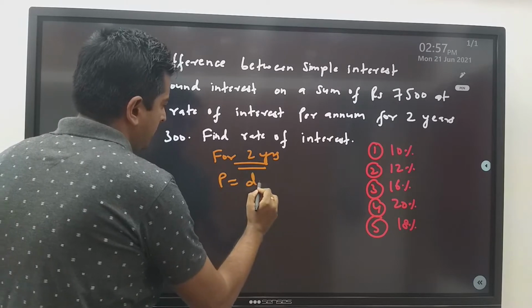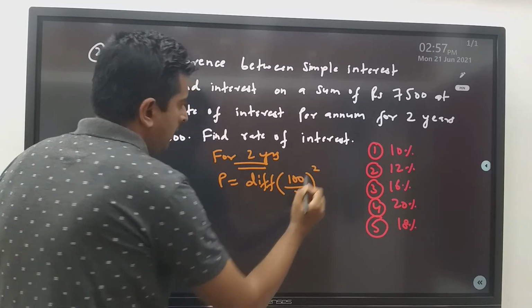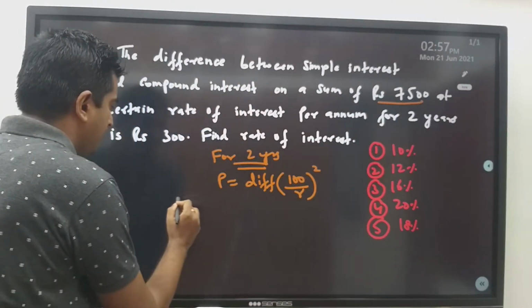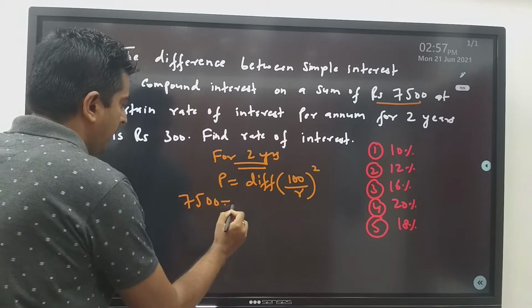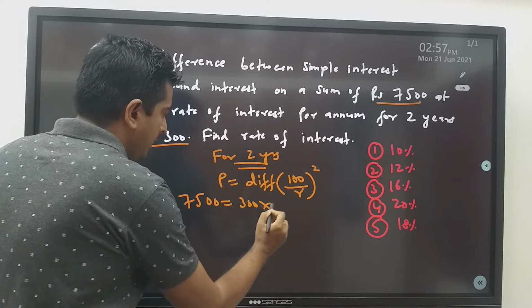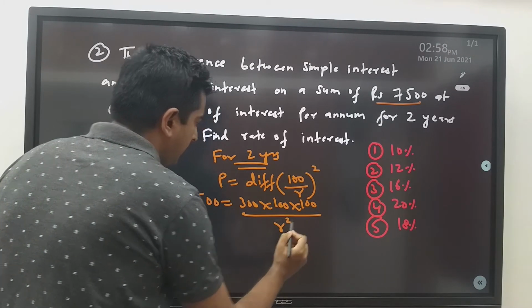Principal is equal to difference into 100 by R whole square. Principal, how much they have given you? 7500. Difference, how much they have given you? 300 into 100 into 100 divided by R square.